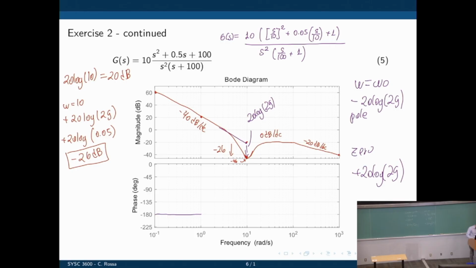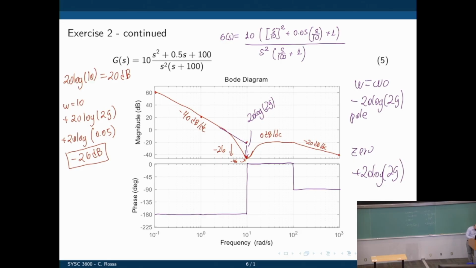We will stay at negative 180 up to the first cutoff frequency, which is this 0. This 0 adds plus 180, the phase goes to 0. And then we keep going at 0 up to the next cutoff frequency, which is the pole at 100 that adds negative 90.